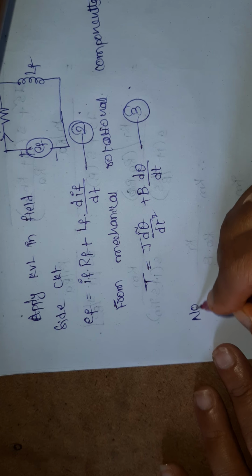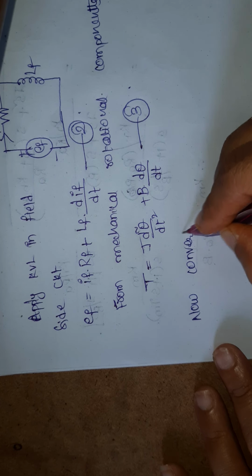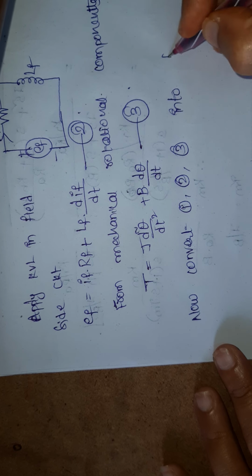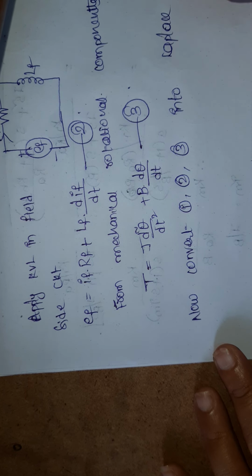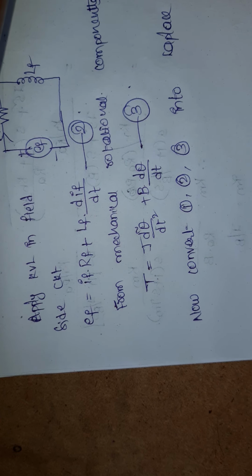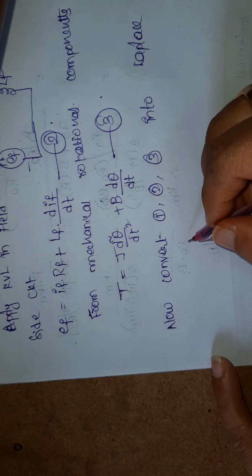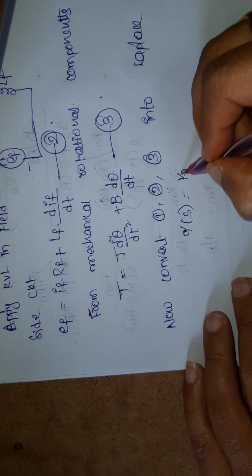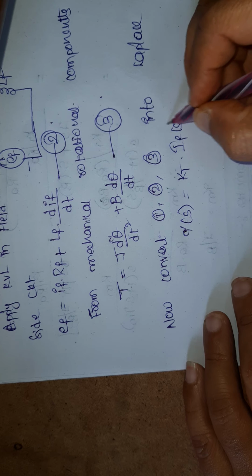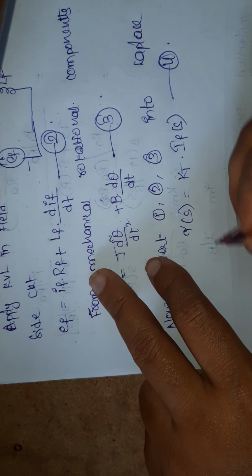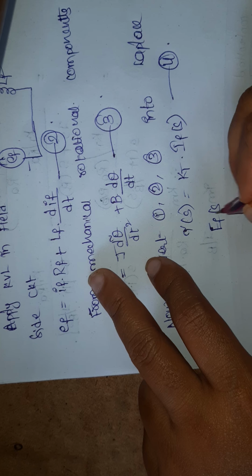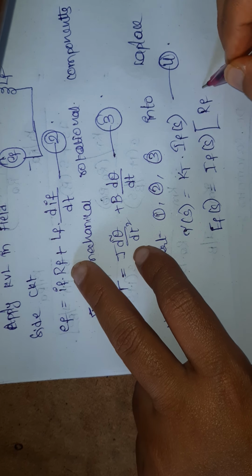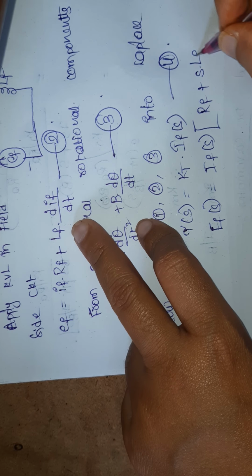So now convert equations 1, 2, 3 into Laplace equations. Equation 1 is tau equal to KT into IF, so tau of s equals KT, a constant, into IF of s, equation 4. Now convert equation 2: EF of s equals IF of s taking as a common term, RF plus s into LF.